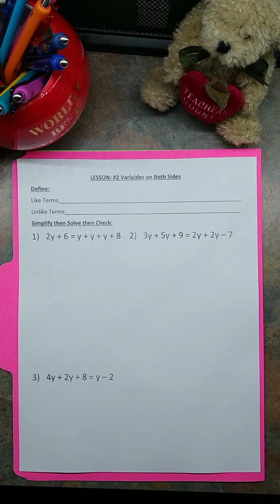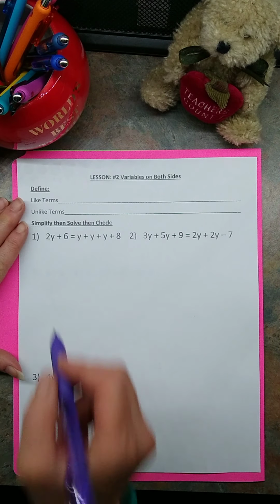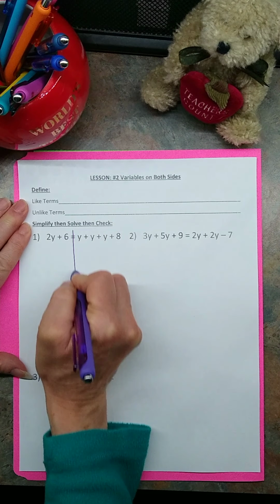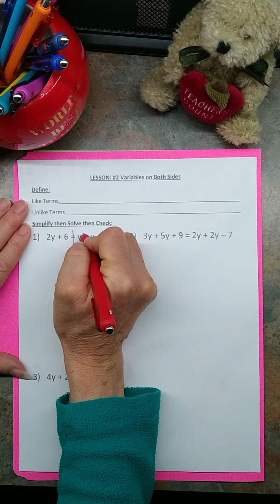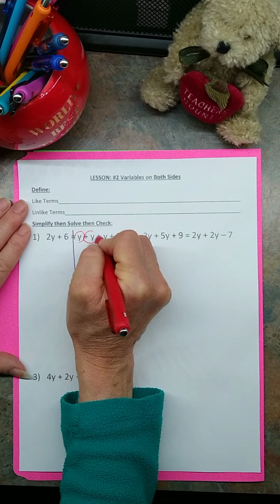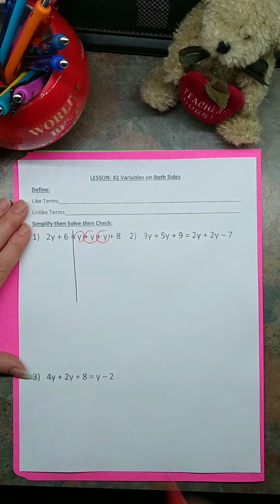To do problem number 1, draw your line at the equal sign, dividing your problem into a left and right side of the equation. Simplify the right and simplify the left-hand side of the equation. You can combine like terms on the right-hand side.